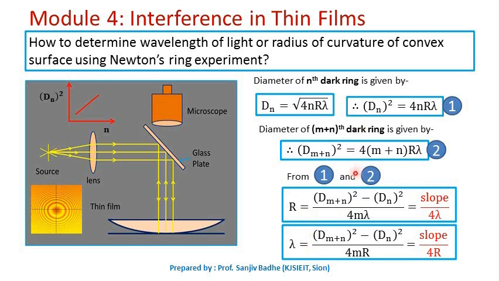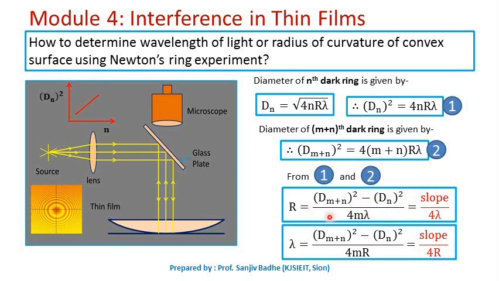In fact, in the experiment, we will try to find out the diameters of a number of rings, and then we will plot the graph of dn square versus n. The graph will be linear and the slope of that graph will be equal to d(m plus n) square minus dn square upon m.